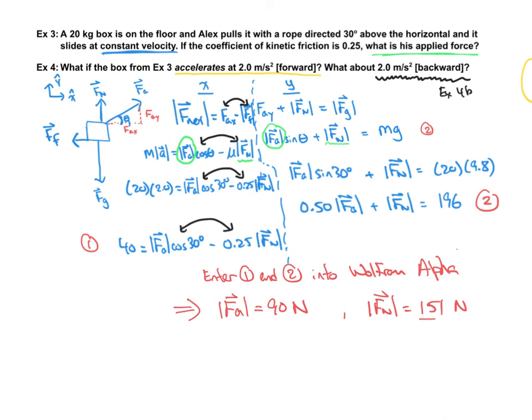So the answer to example 4B, it spit me out an answer of 9 newtons, or 9.1 for 2 sig figs. And it's giving me a normal force of 191.